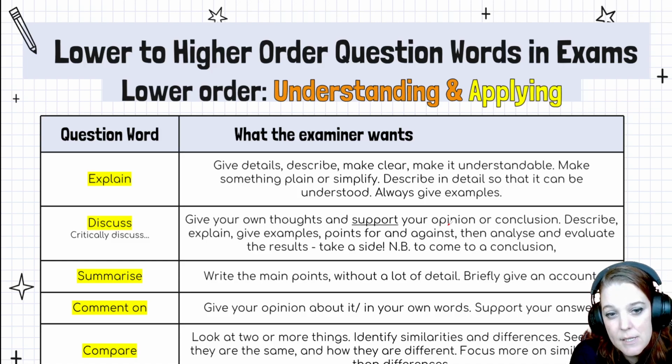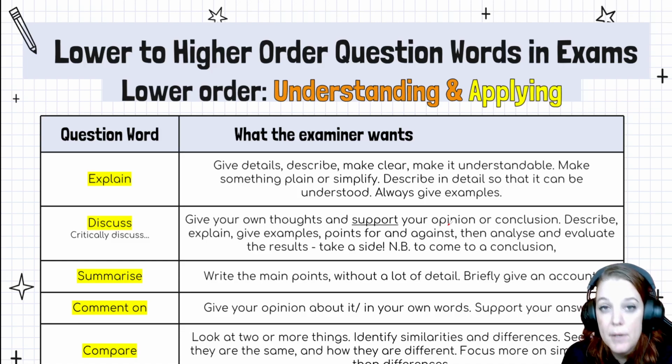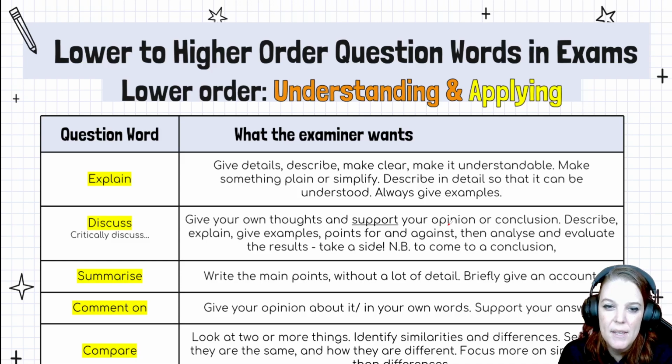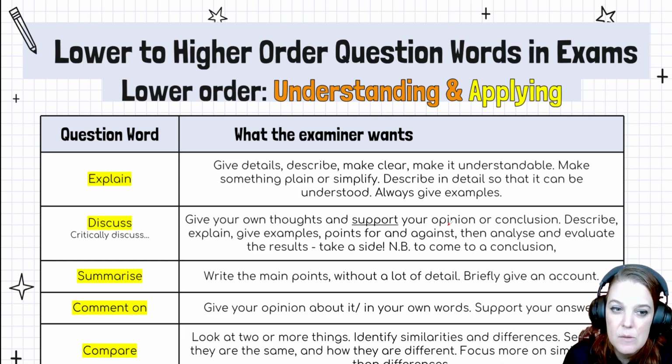Discuss or critically discuss. So we're giving our own thoughts and supporting our opinions and our conclusions. So this is where we can start making a point or making examples or analyzing the question properly. But it's important, if we're doing something like discussing or critically discussing, to not really sit on the fence, or not to just explain both sides and then not come to a conclusion.